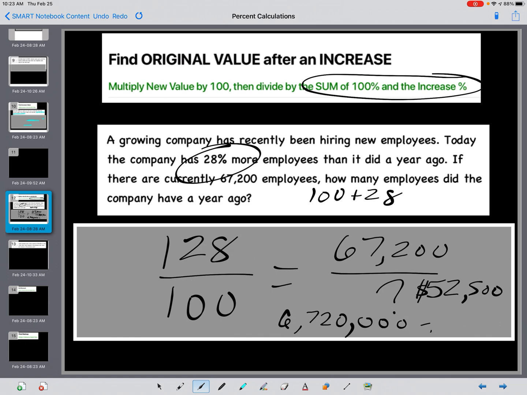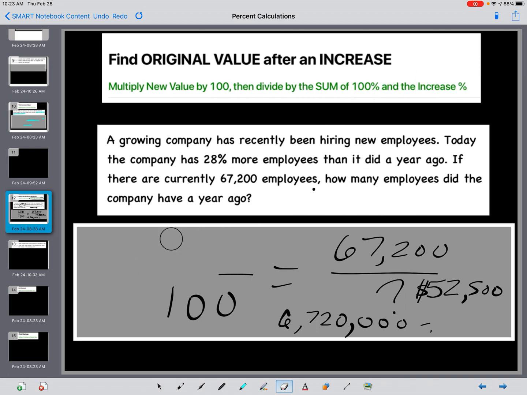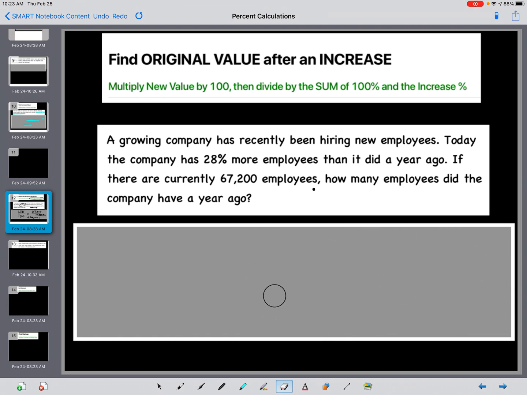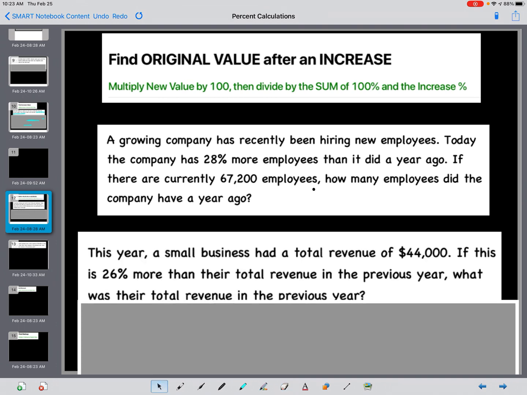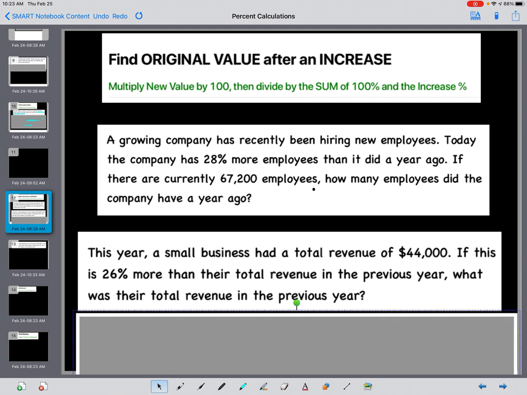Before we close this video out, you can see a couple more examples of what these types of problems are asking for. Here's another example. This year, a small business had total revenue of $44,000. If this is 26% more than their total revenue in the previous year, what was their total revenue in the previous year? So that's finding an original value, the previous year's revenue.